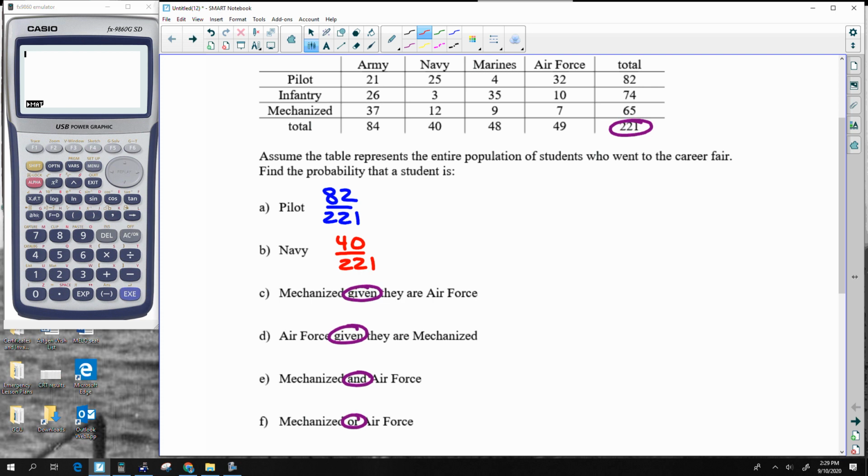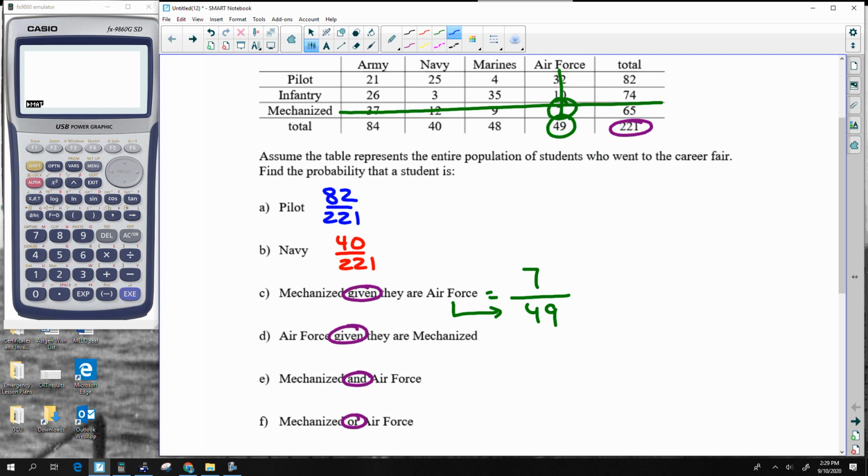Next, what is the probability that we are mechanized given Air Force? So Air Force is 49. That's the Air Force. And mechanized, they intersect at 7. I'll come back and clean these up in just a moment, but I'm just quickly going through these problems.